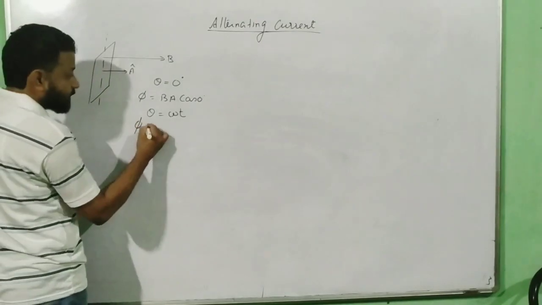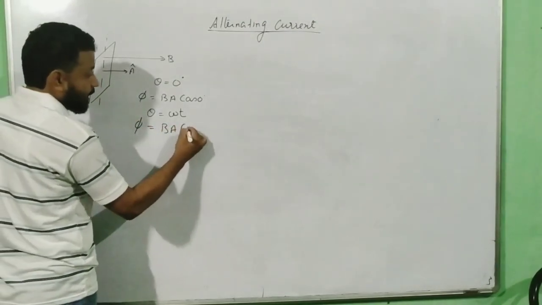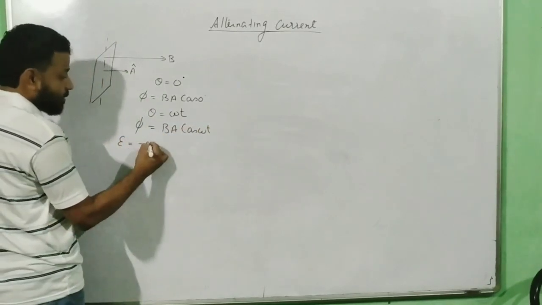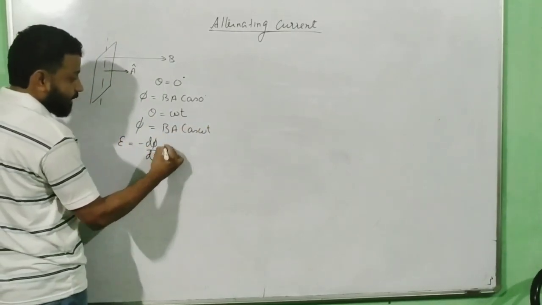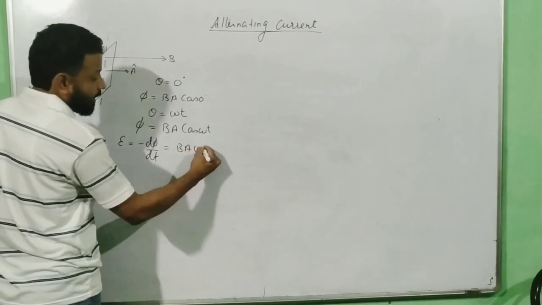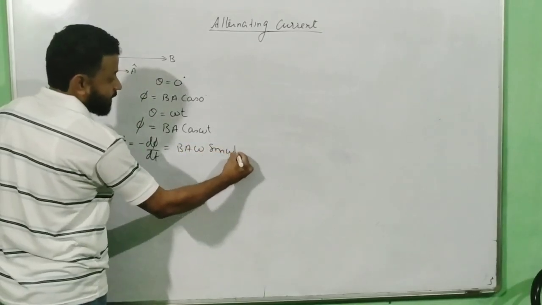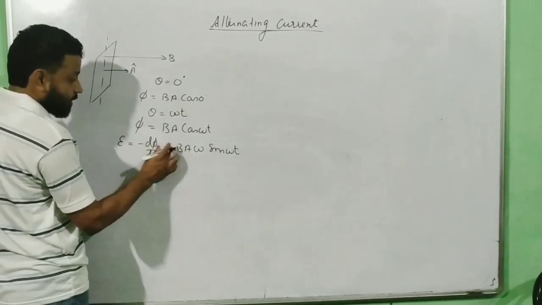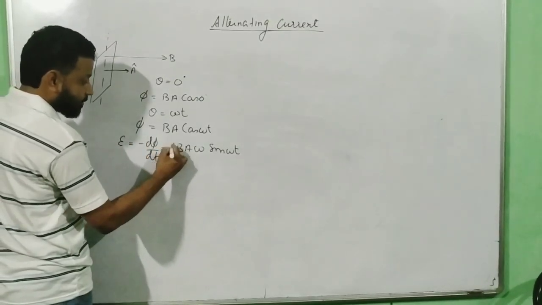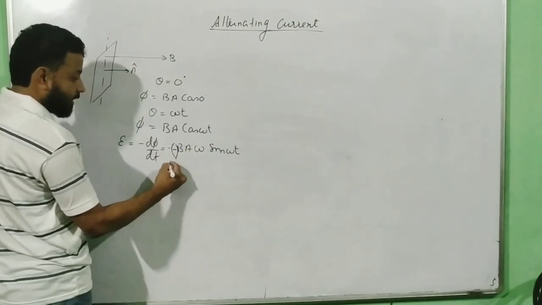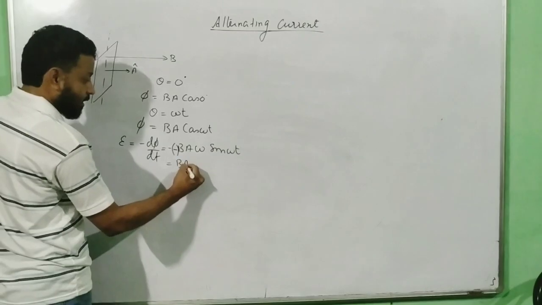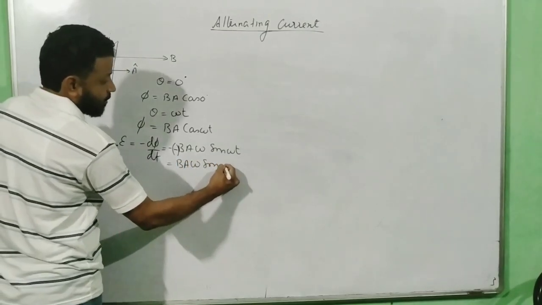So what is the new flux now? New flux will be equal to BA cos omega t. And if you have to find the EMF, EMF is equal to minus d phi by dt. Differentiation of cos is minus, and there is one more minus over here, so it becomes minus of minus, which is plus, and hence you will get BA omega sin omega t.